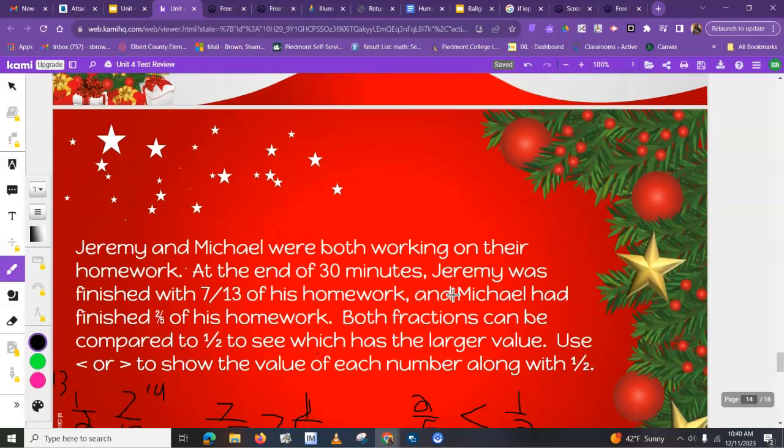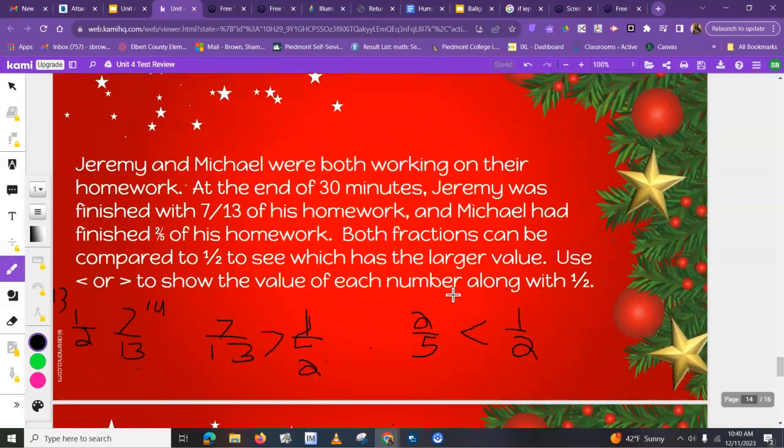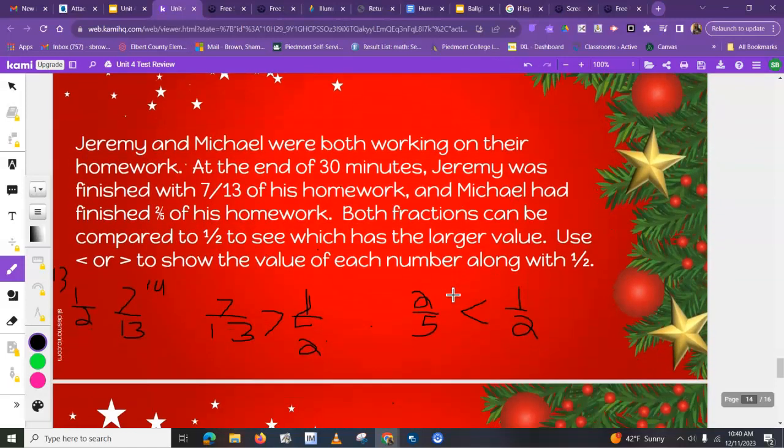This one says Jeremy and Michael were both working on their homework. At the end of 30 minutes, Jeremy was finished with 7/13 of his homework, and Michael had finished 2/5 of his homework. Both fractions can be compared to 1/2 to see which has the larger value. Use greater than, less than, or equal to show the value of each number along with 1/2. So I know that 7/13 would be greater than 1/2.